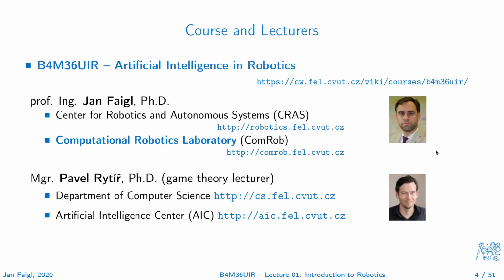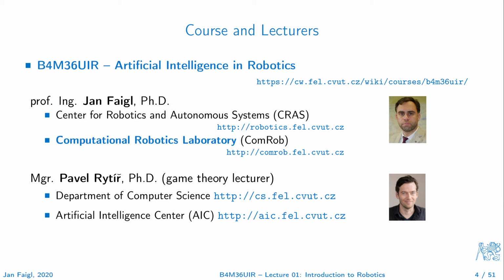So my name is Jan Feigl. I'm from the Computer Science Department, where I'm working in the Artificial Intelligence Center, and together with Pavel Rytíř, who will be mostly responsible for the game theory part of the course, who is also from the Department of Computer Science and Artificial Intelligence Center, we will provide you the lectures. Regarding my background, I am heading the Computational Robotics Lab, and I also co-founded the Center for Robotics and Autonomous Systems, which you are probably aware of.